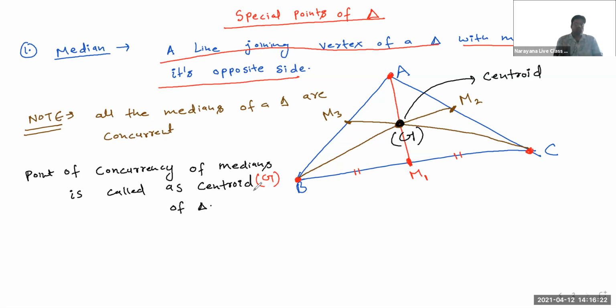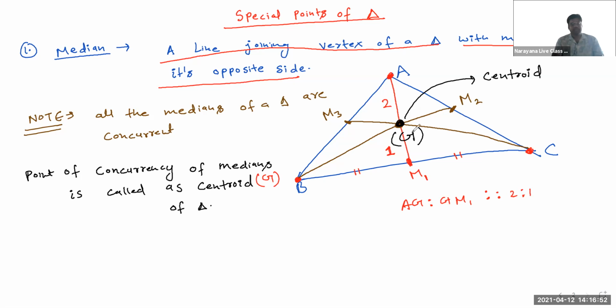Okay, got it? One more thing is very important to observe: AG is to GM1 is equal to 2:1.